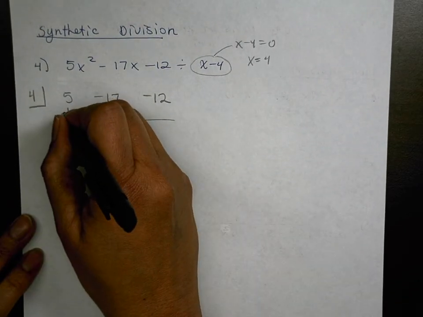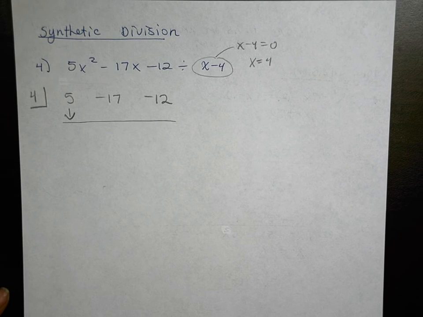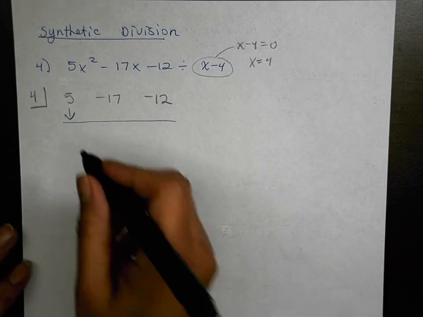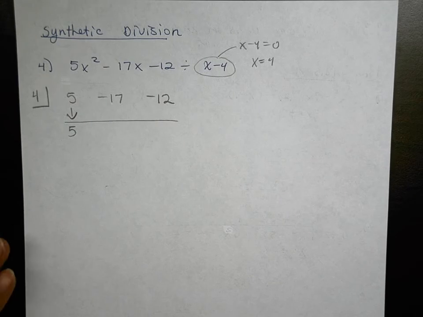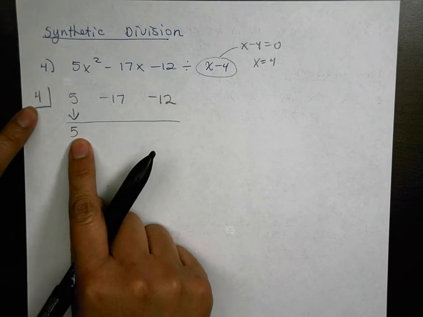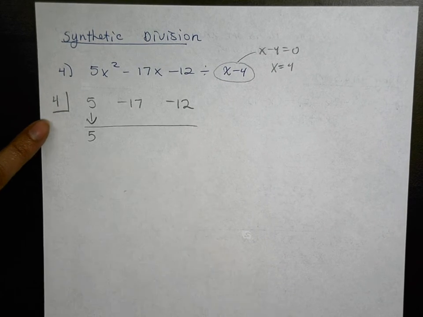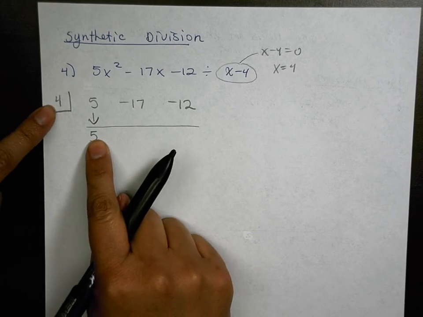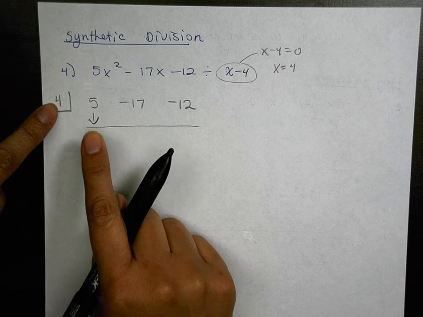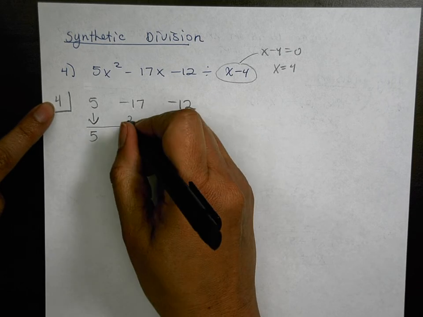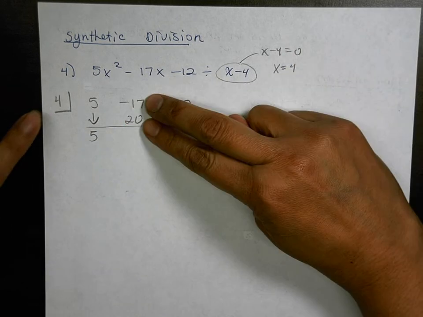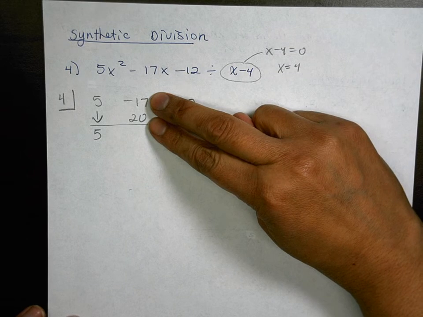Steps. First thing you do, you always drop the first number. There's nothing to do with the 5 other than drop it. And then these next few steps, you're going to continue the pattern over and over till you get to the end. What's 4 times 5? 20. You multiply these two numbers. And then you add going up and down. What's negative 17 plus 20?